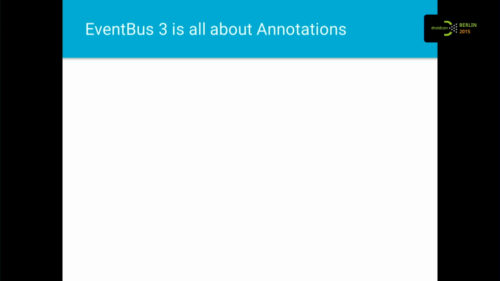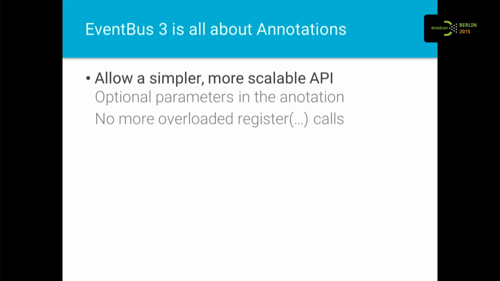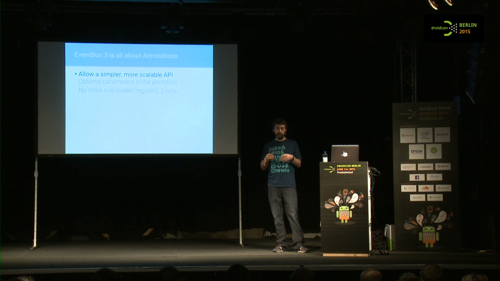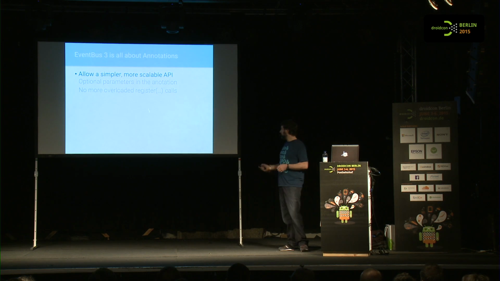The central topic of Eventbus 3 is annotations. This is because it allows a nicer API. Usually we had lots of registration methods, but there's only one register method call now, because all the optional parameters go directly in the annotation.